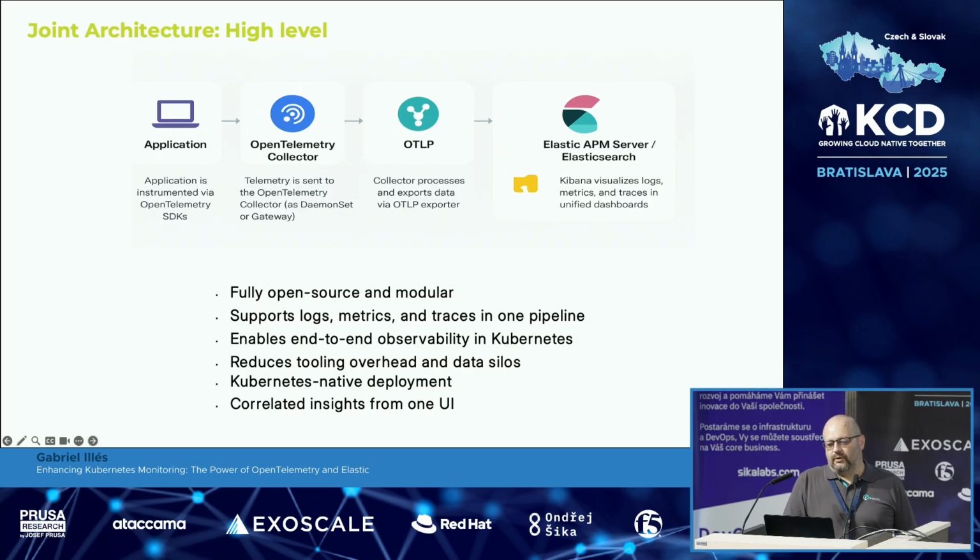One is used for collecting data from the application itself, and by deploying the OTel collector as a daemon set, you can collect data from the infrastructure, from the underlying nodes, and other things. And the last component is the Elastic APM server and Elasticsearch, which store your data, and Kibana brings everything together.